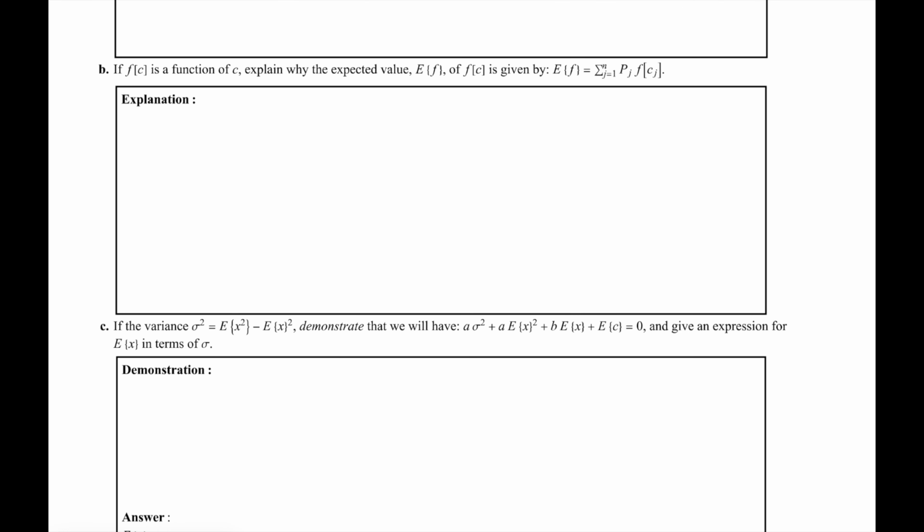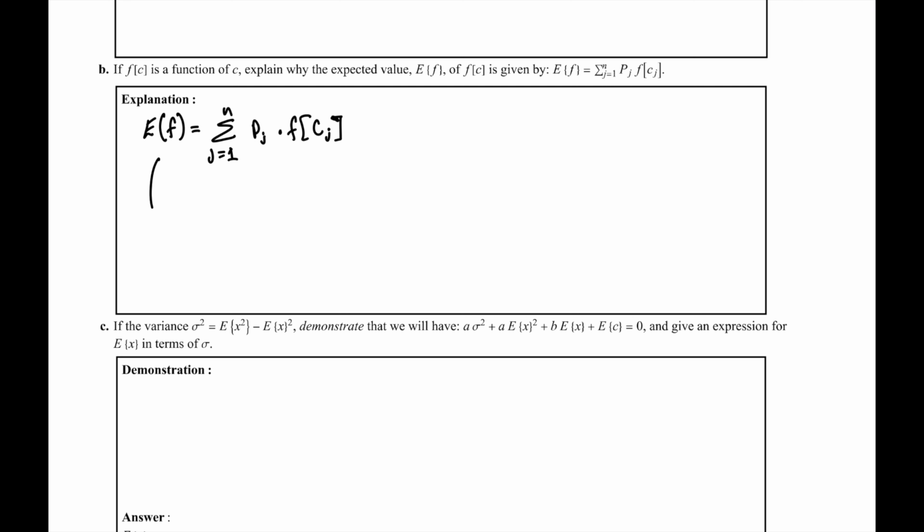Pretty straightforward. If f(c) is a function of c, explain why the expected value of the function of c is given by E[f] equals the sum of the probabilities times this function.